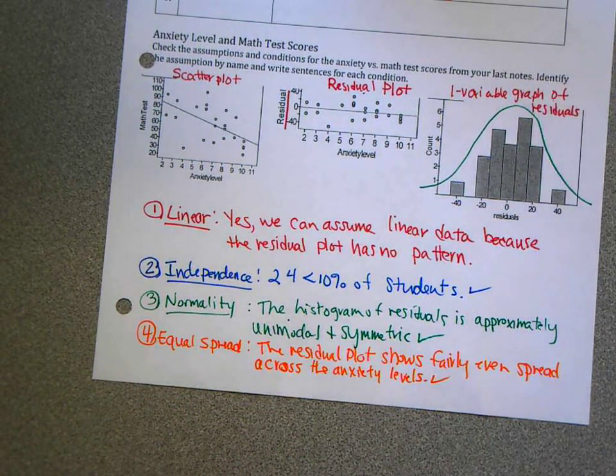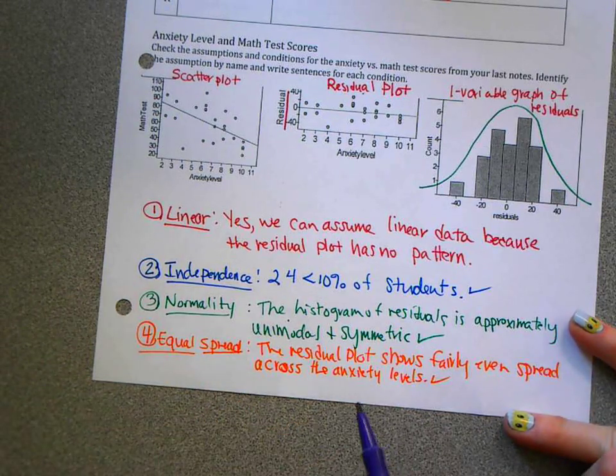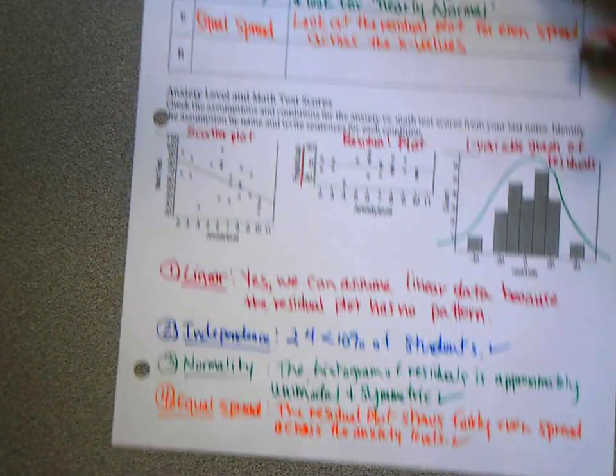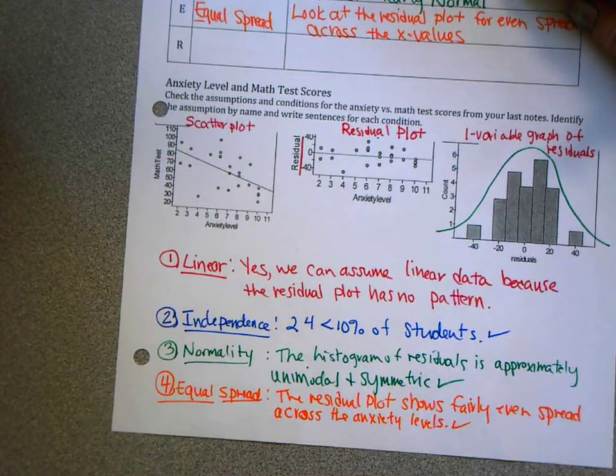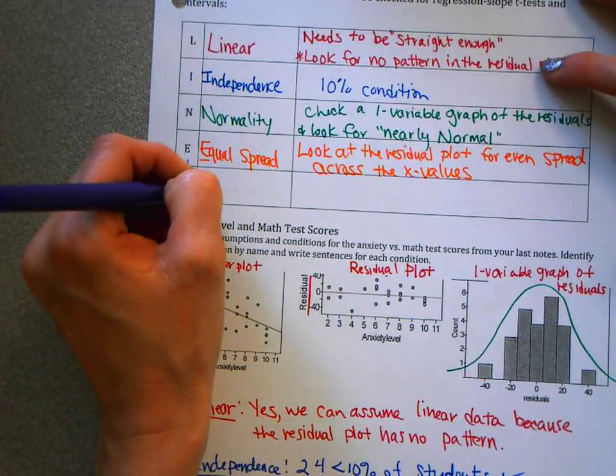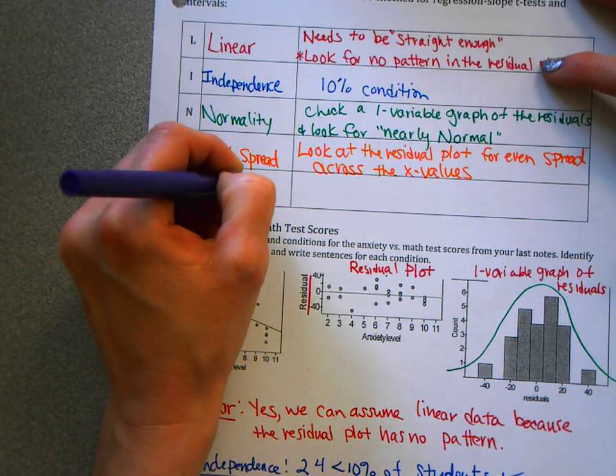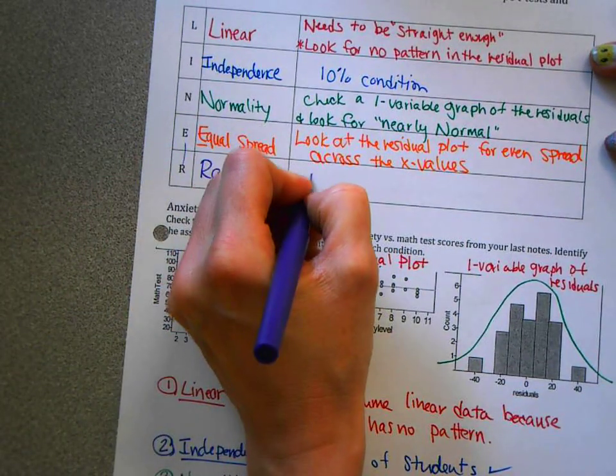All right, last one. So there's 5 of these. Is R for random. So we usually do that one first, and they just put it at the end to be in the linear kind of thing. So it should be a random sample from the population.